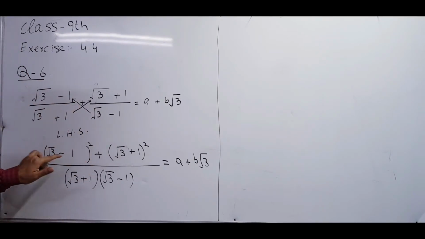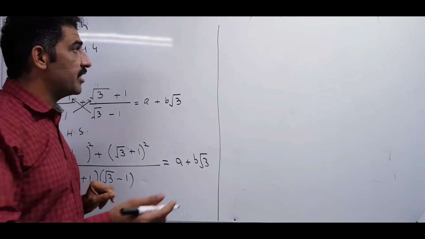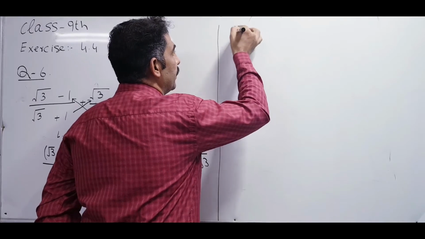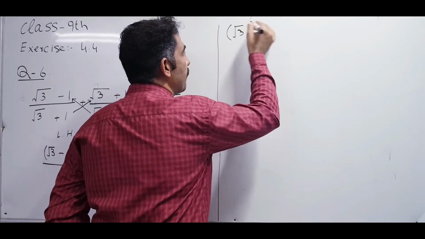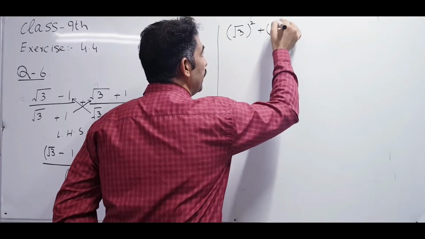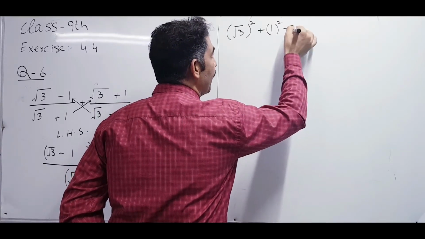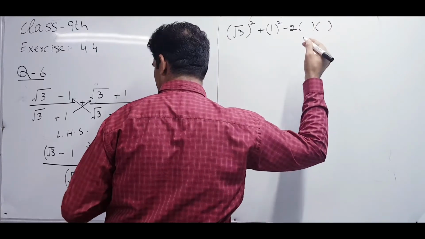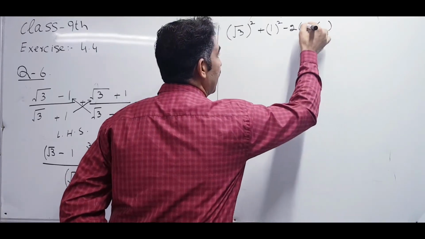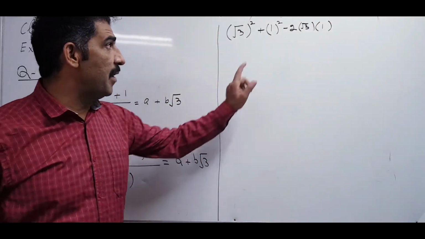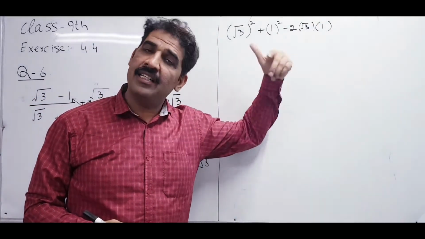Otherwise, how to expand it? The square of the first term. What is the first term squared? Square of the first term plus square of the second term, according to the formula minus 2ab or plus 2ab, but here the formula is plus. Here you will write root 3 and 1. If minus 2ab, you can write it at last, no issue.